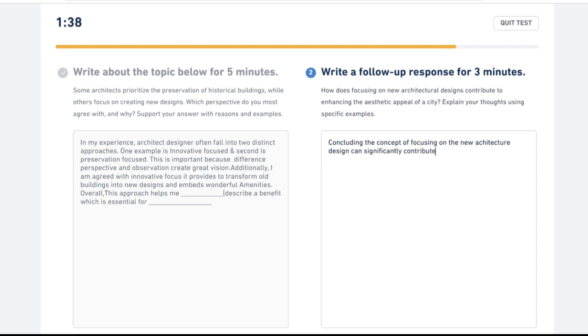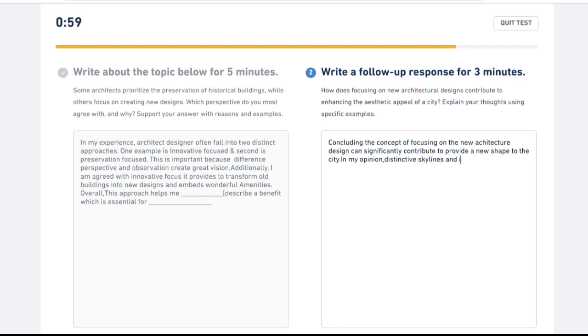One thing I want to explain a bit more: write a follow-up response for about 3 minutes, and then your interactive writing essay will be completed. The total task nowadays is three describe an image tasks and one interactive writing.